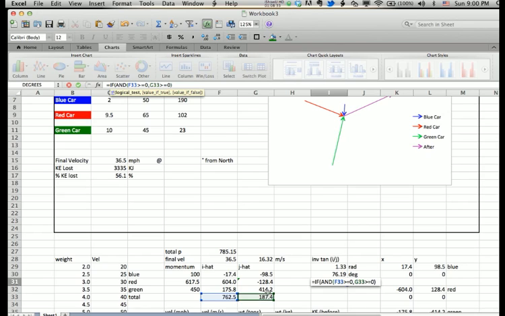Then, see, now I'm back to my logical test. If that is the case, if they're both positive, then I'm going to do comma, and if that's true, I'm just going to go ahead and print the angle, which we figured out up here already. So I'm going to click on that cell right there and say, okay, print that, comma.